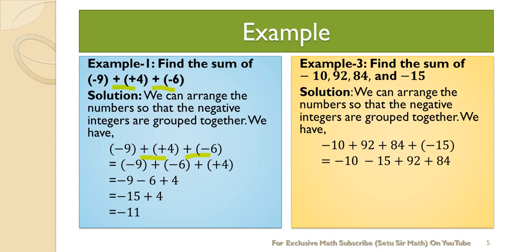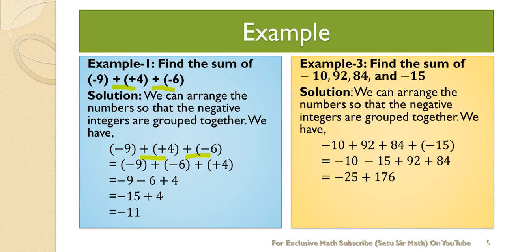So minus 10 and plus and minus, that will be minus 15. We make a group here. Plus 92 and plus 84, we make a group here. So minus and minus, that would be plus, means 15 and 10. We will make addition, we get 25, and the sign will be the bigger number's sign. The bigger number is 15 here, so the sign will be minus.